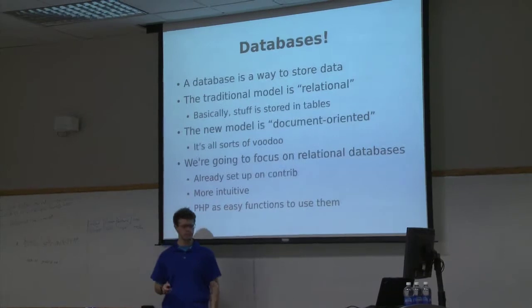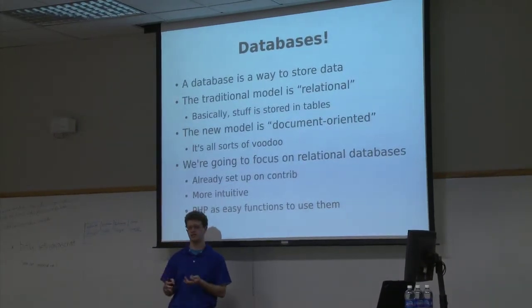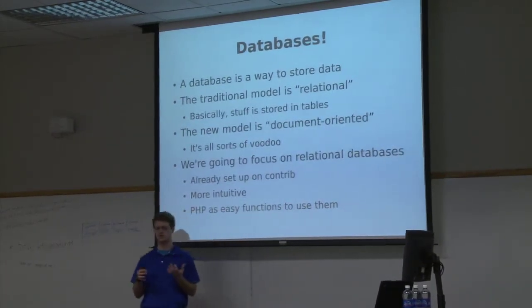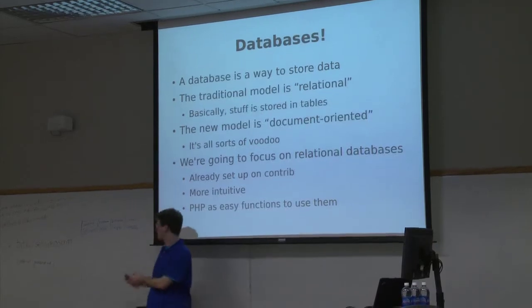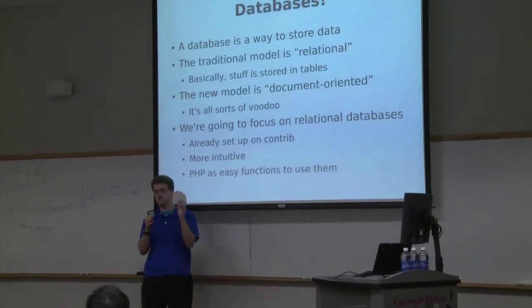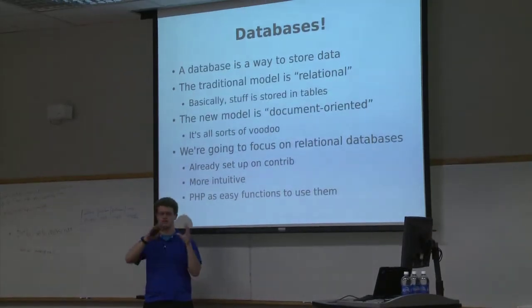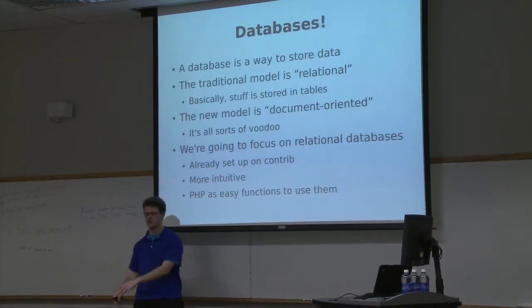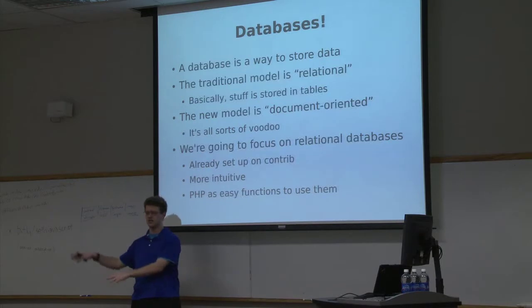More recently, there's this idea of a document-oriented database, or document-oriented data store, where instead of storing everything as a table, you store it as a thing, and that thing can have any sort of structure you want. It can have sub-things, and those sub-things can have their own sub-things, and those things can have data in them.